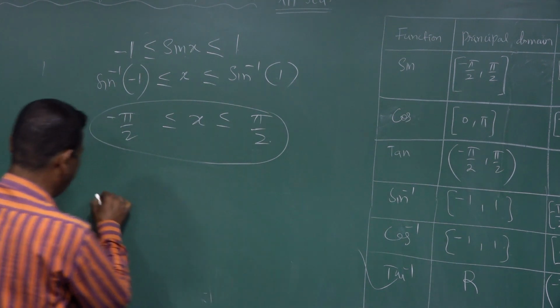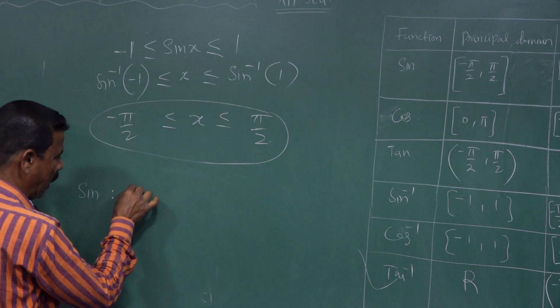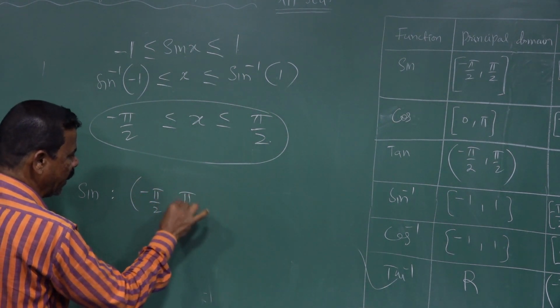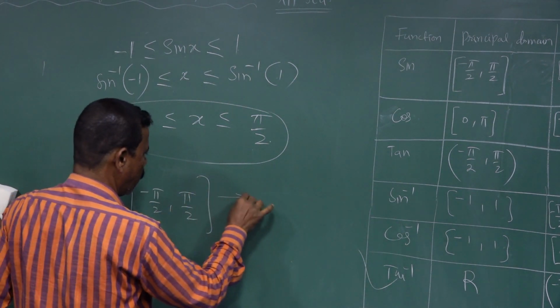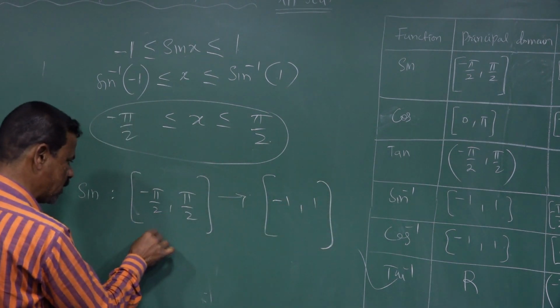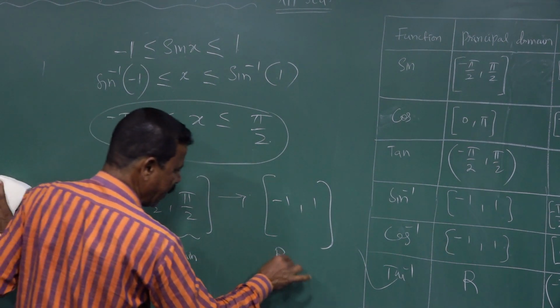So here how we define sin of x values, from minus 90 to plus 90, gives minus 1 to 1. So this value is the domain, and this is the range.